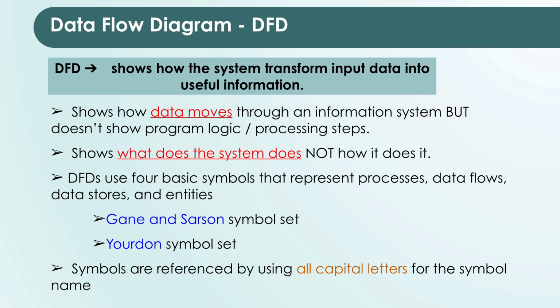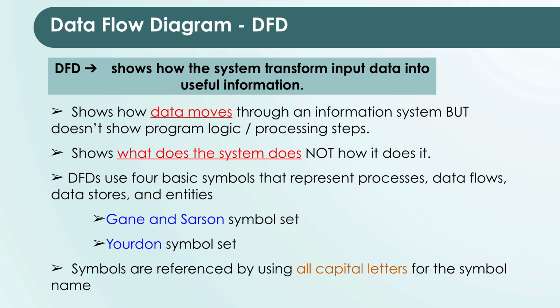The method or process of how the CGPA is calculated will be shown in the physical model. A DFD uses 4 basic symbols that represent the process, the data flows, the data stores, and the entities.